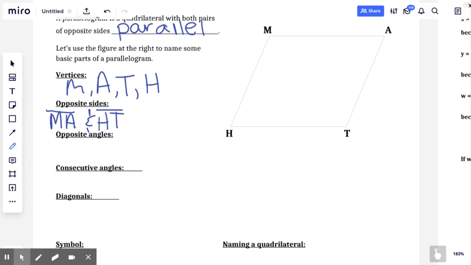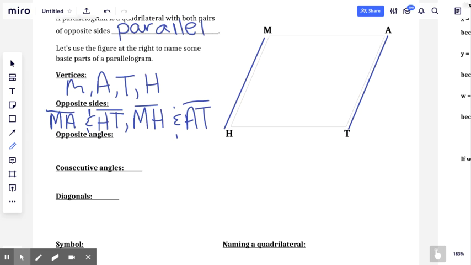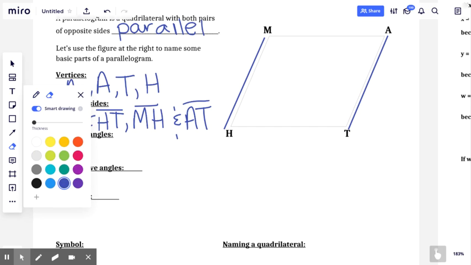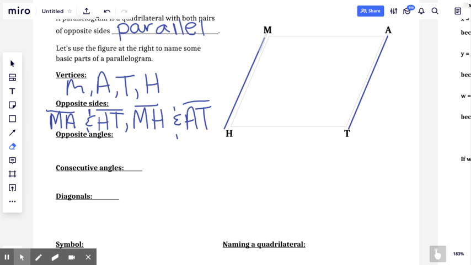And then another pair of opposite sides would be MH and AT. Okay, so those are the opposite sides of the figure.